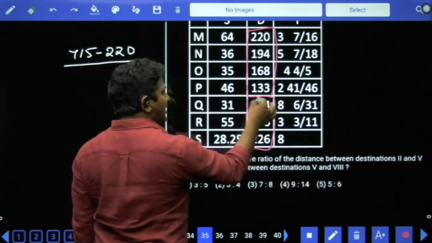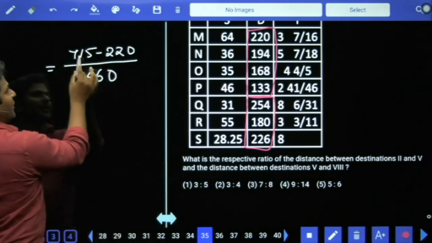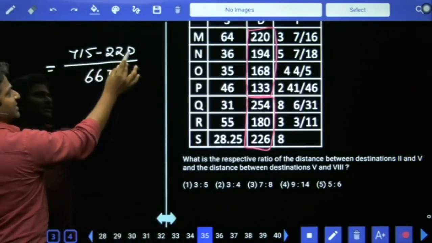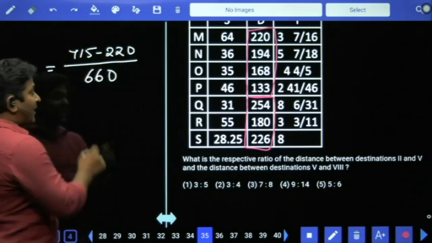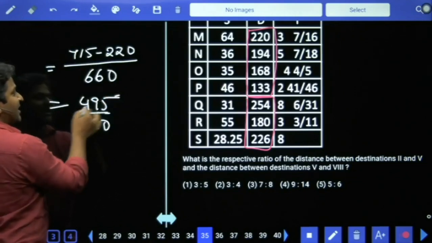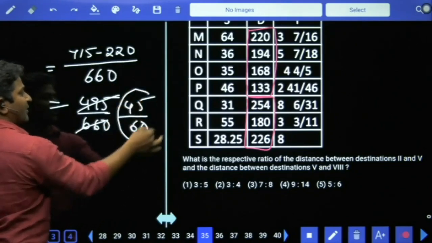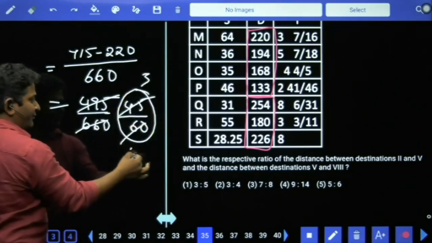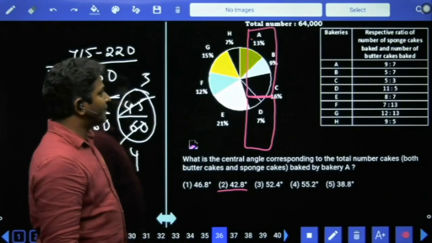Sum of all these values, which we got as 660. Now first let us subtract 215. 500, again we have to subtract 5. 495 divided by 660. 11 4 times, 5 times, 11 6 times and then 0. 15 threes, 15 4. 3 by 4, 3 is to 4. Second option is our answer.